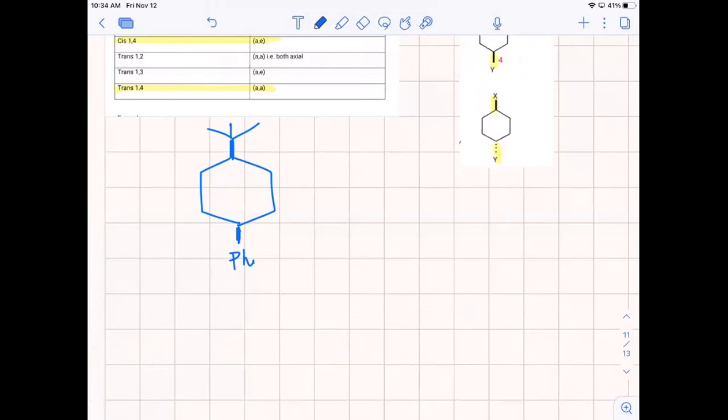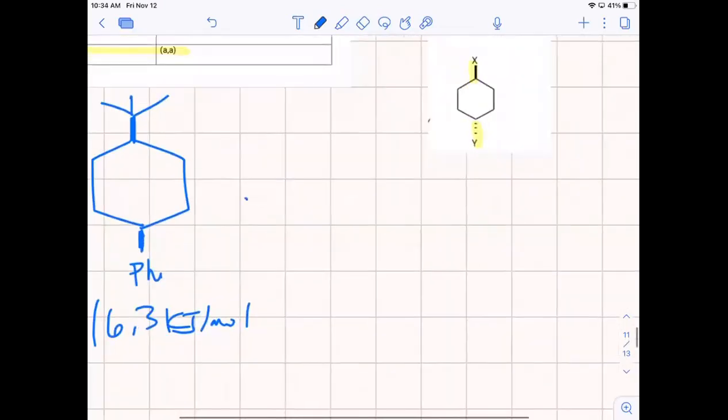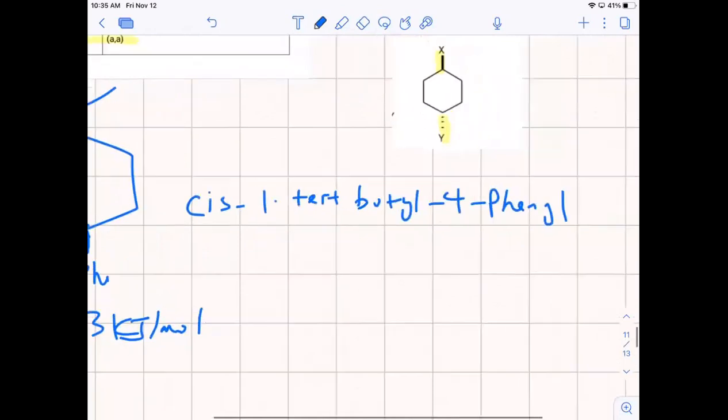So we know the tert-butyl is 11 for it to be axial, and then the phenyl is 6.3 to be axial. So let's draw this. It's going to be cis 1-tert-butyl-4-phenylcyclohexane.